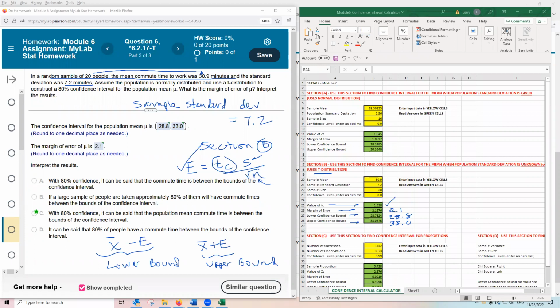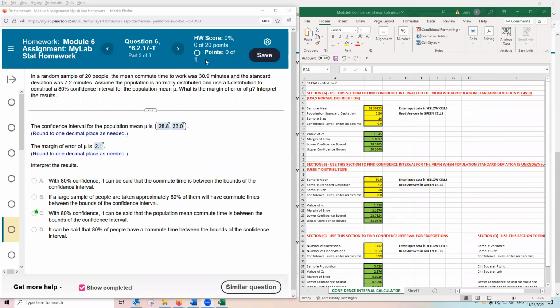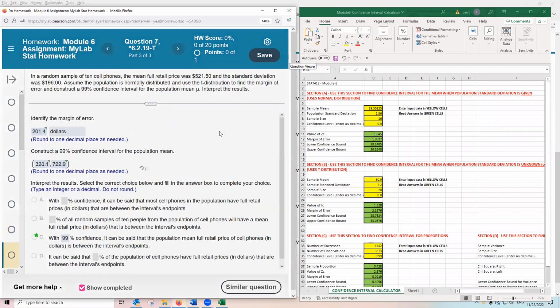All right, so let's take a look at another one. Well, this is one that's very similar because if you notice, they're giving us a standard deviation of 196.